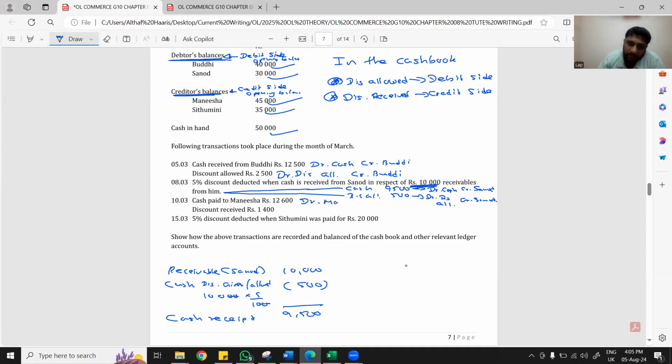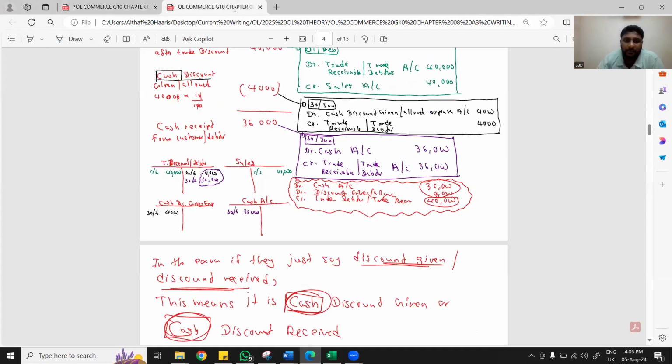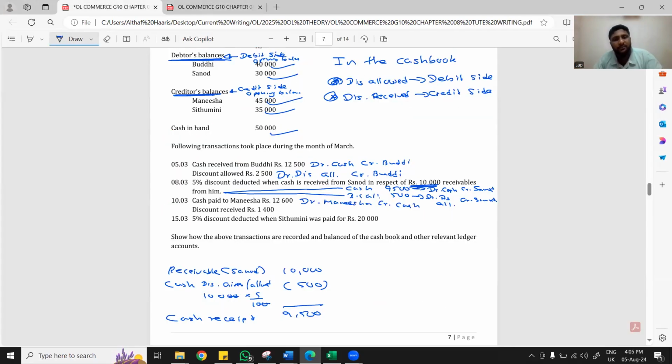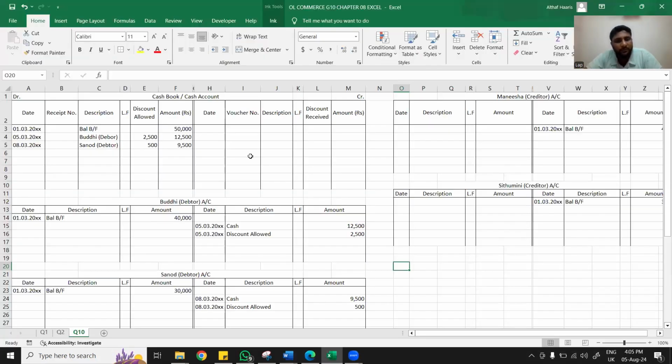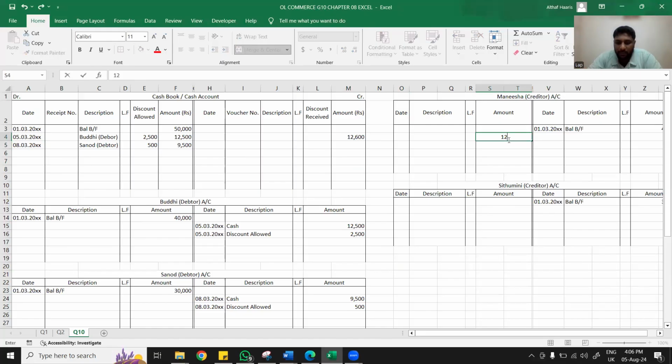Debit Manisha, credit the cash, 12,600. So let's record it. 12,600, 12,600.